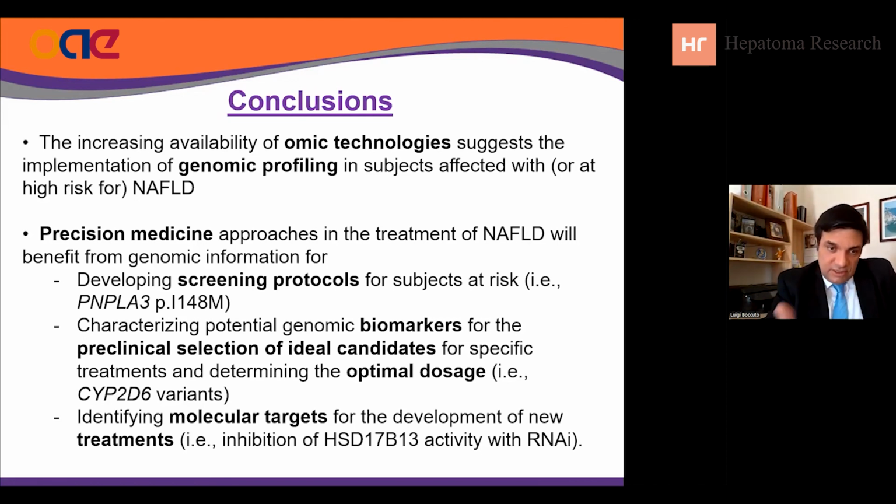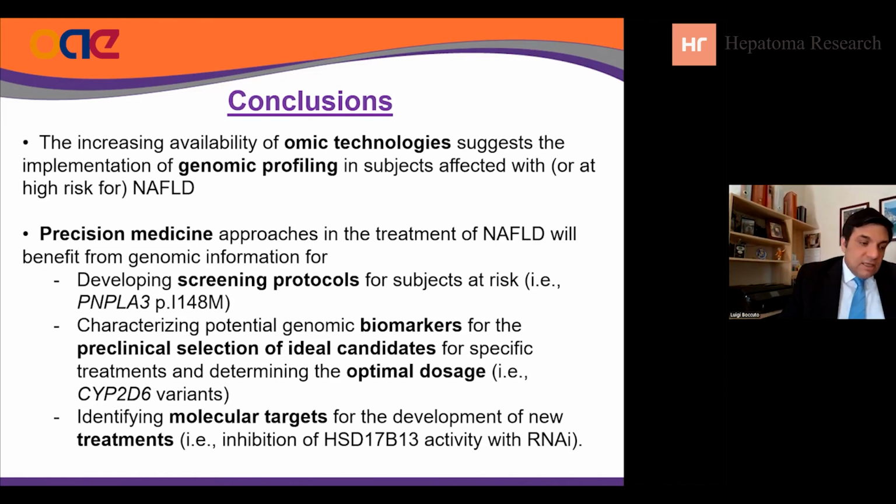For example, looking at the variants in CYP2D6 and their pharmacogenomic effects. And another potential benefit is identifying molecular targets for the development of new treatments. For example, inhibiting the HSD17B13 activity through RNA interference.